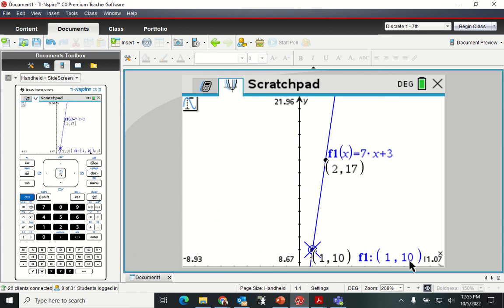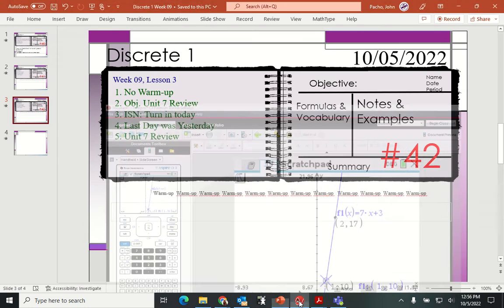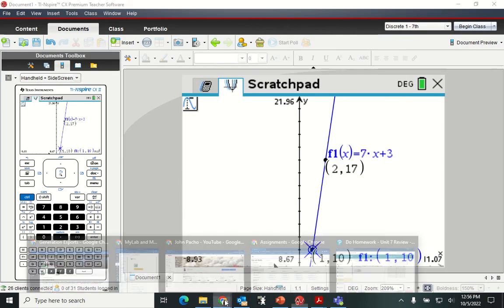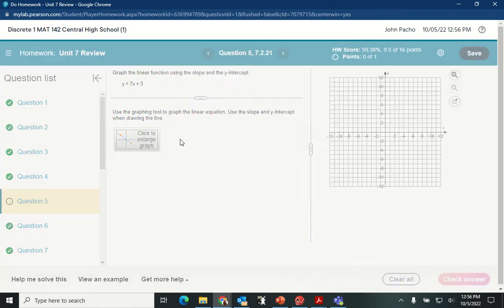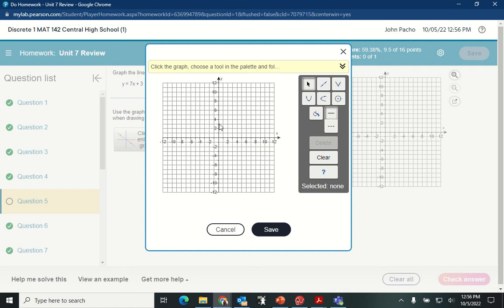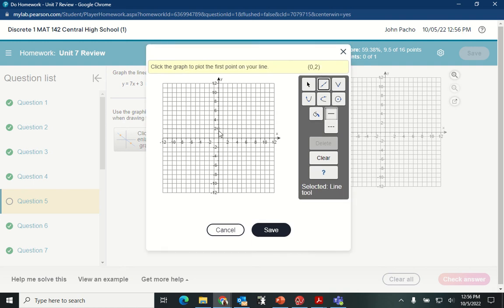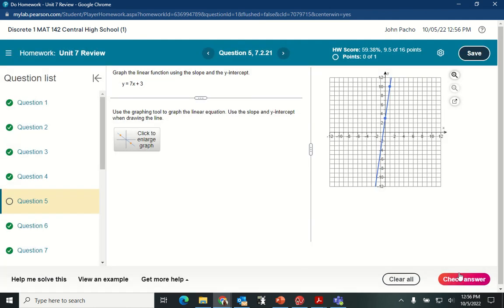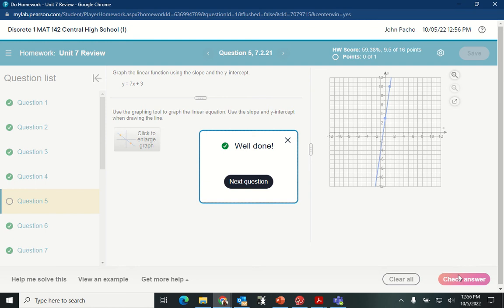So you could actually find coordinates easier, instead of arrowing over, and sometimes there are decimals that you can't use. So 110, so 0, 3, and 110. There we go.